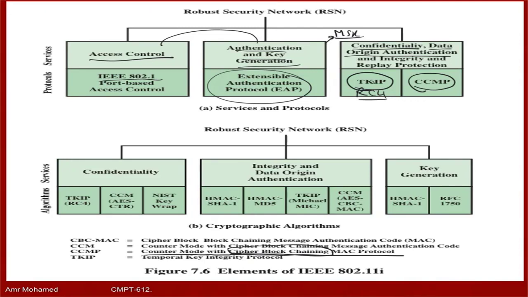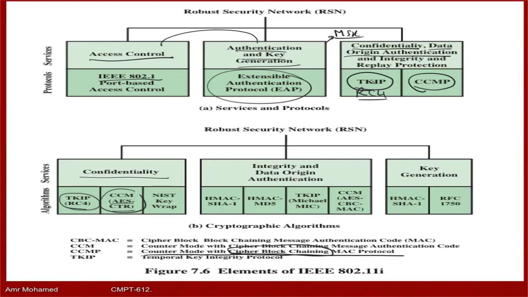So this CCMP combines the confidentiality and the message origin authentication. Confidentiality, for the case of TKIP, is done using RC4, and for the case of CCMP is done using the counter mode AES. So that's what we said, right? For integrity and origin authentication, we have here the MAC composed of two things: the generation of the signature and then the authentication part.